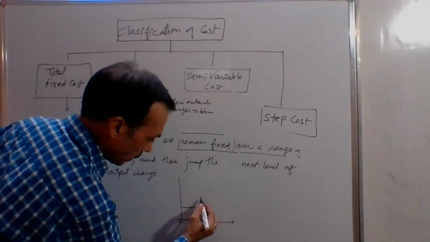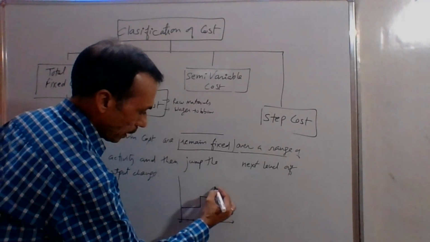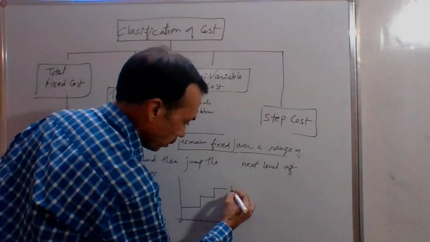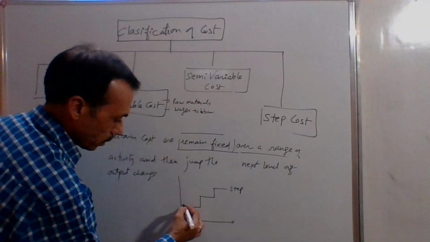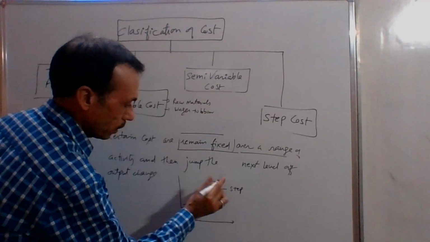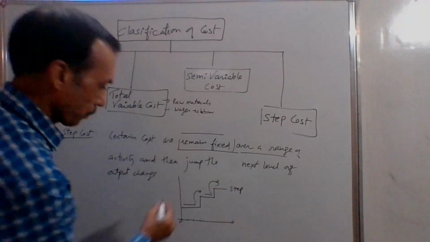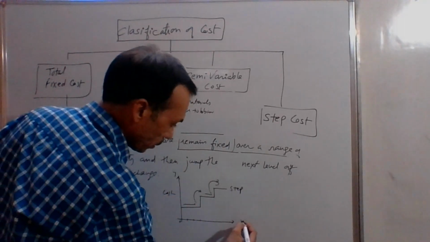It remains fixed for a certain level and again jumps, making a step. This is fixed cost for a certain level, then jump, then fixed, then jump, and this is the step cost. Here on the y-axis is cost and the x-axis is output.